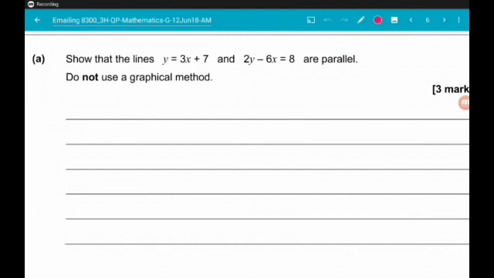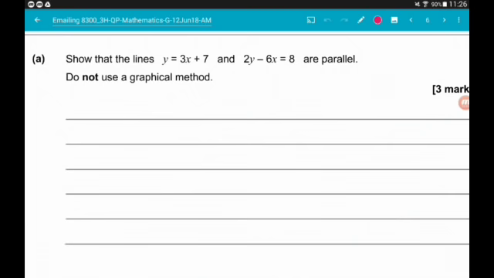8a, it says, show that the lines y equals 3x add 7 and 2y minus 6x is equal to 8 are parallel. So I'll put my equations of straight lines playlist down below. If two lines are parallel, it means they have the same gradient.